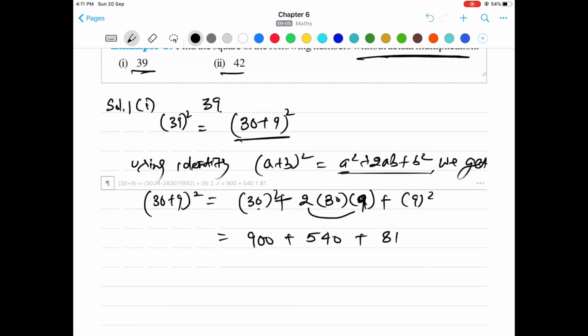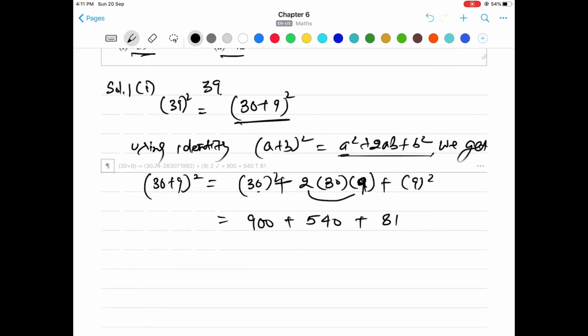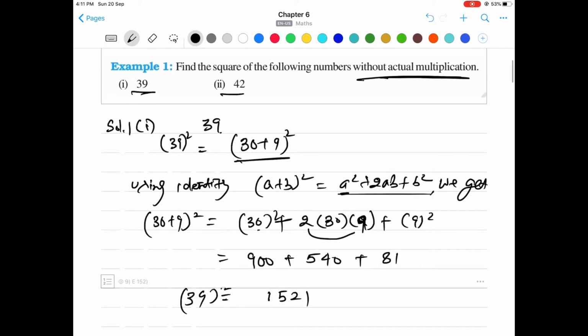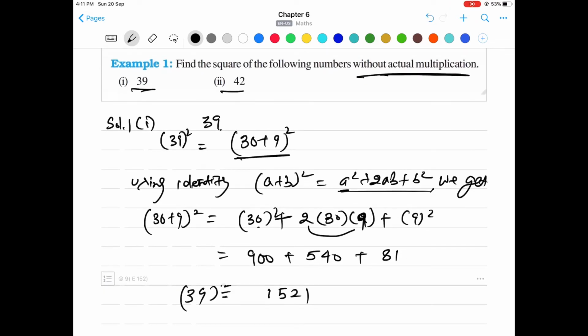Now the sum of these three numbers will be 1521. So the square of 39 is 1521. That's the answer.